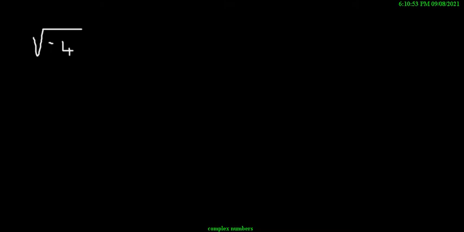So if you try to simplify this, well, negative times negative is positive, right? Positive times positive is positive. So these do not have perfect squares, and these are what we call complex numbers.